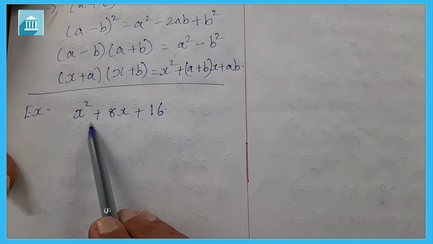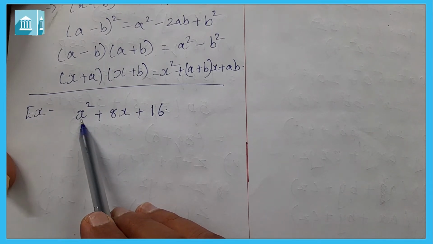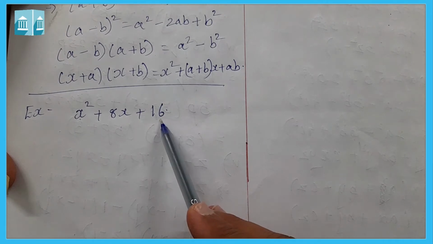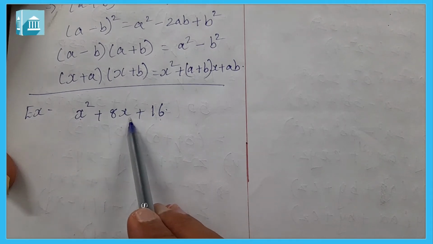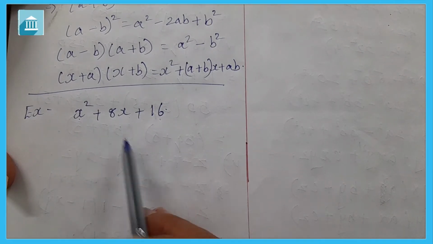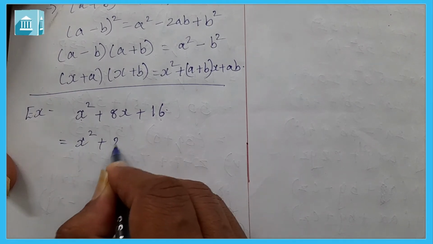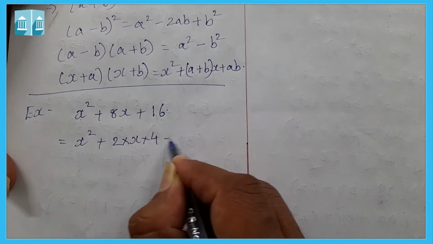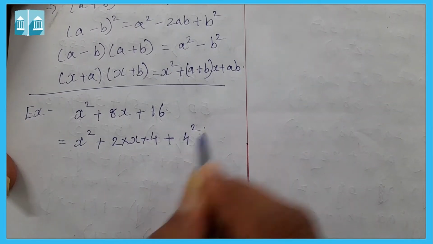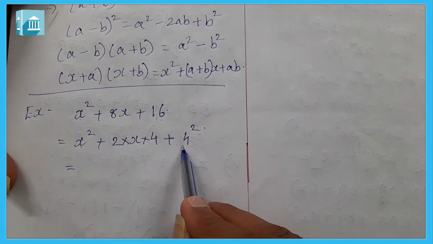If we see properly, here a can be x, 16 is the square of 4, so b can be 4, and 2ab, that is 2 into 4 into x, so it will be 8x. So this we can write as x square plus 2 into x into 4 plus 4 square. So this can be a square plus 2ab plus b square.